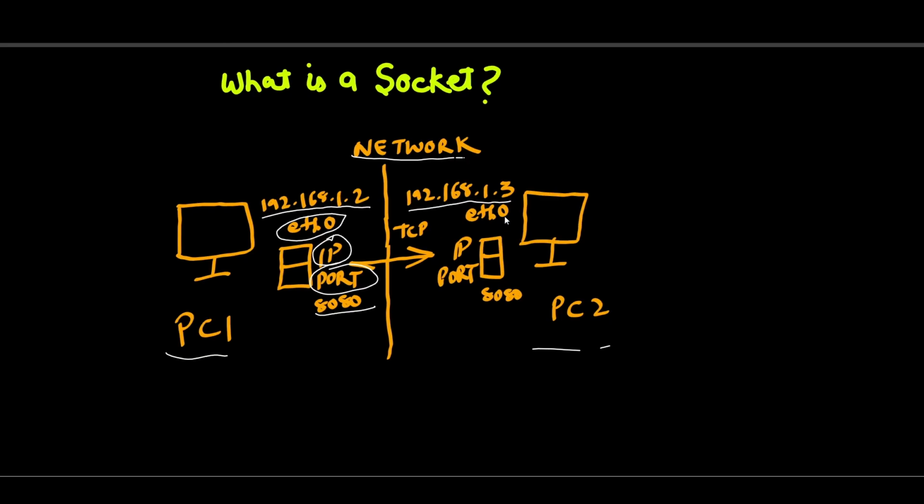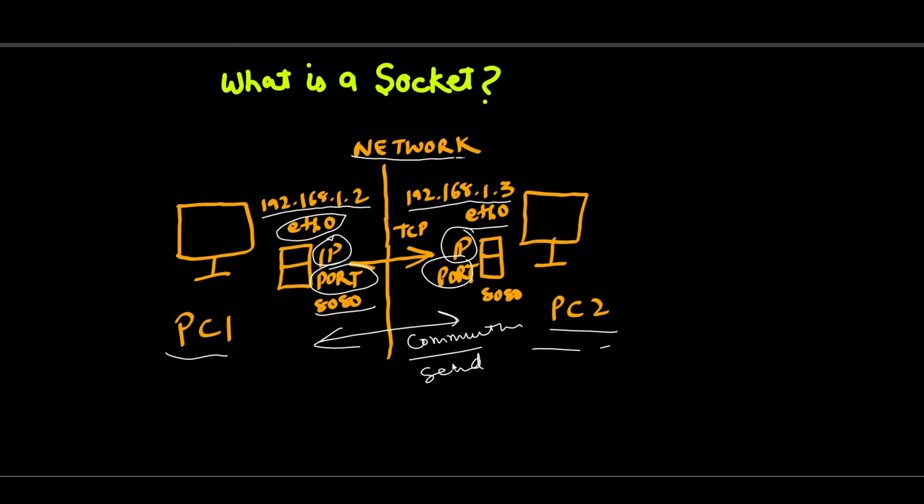This is 1.3, and the same kind of interface is in that PC as well, having a different IP and the same port number as it is the listening side of the socket. These two PCs can connect and establish communication first, and then send or receive data. So this is a very simple communication between two PCs through a socket IPC.